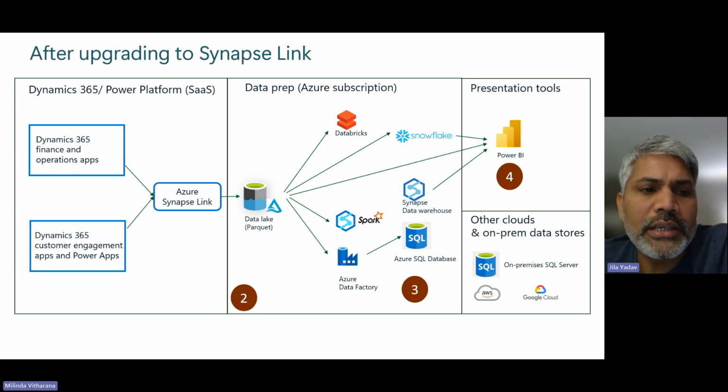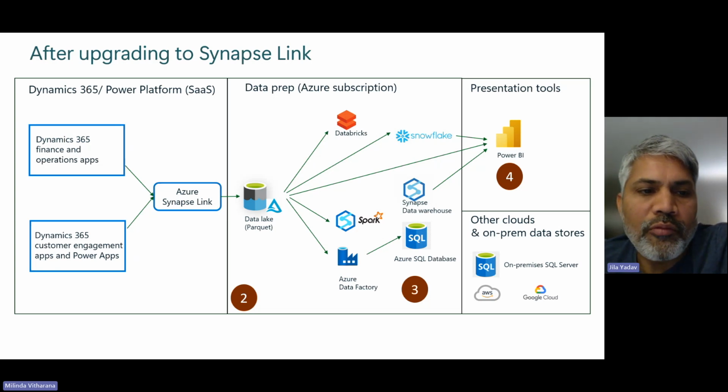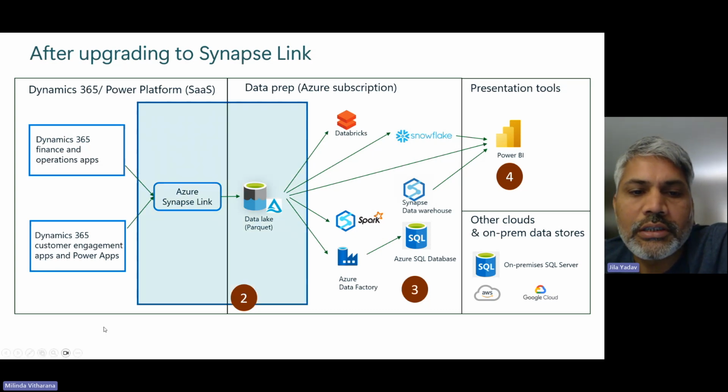Delta Lake format is an open source format, so it's not only more performant and stores data in Parquet, but also, if you're using Databricks in Azure, you can connect to Databricks directly to a Delta format and query that data. Spark pools natively can read and write data in the Delta Lake format, so it's easier to access that data through the Spark pool.